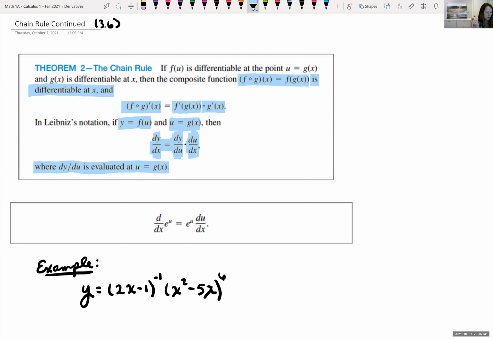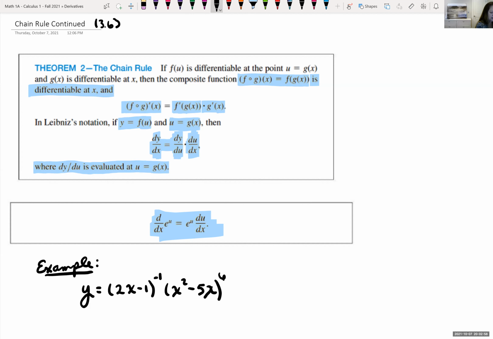The other one we looked at was the derivative of e to the u, where u is some function of x. If we take the derivative of e to the u, basically that's just itself, e to the u, times the derivative of the exponent.